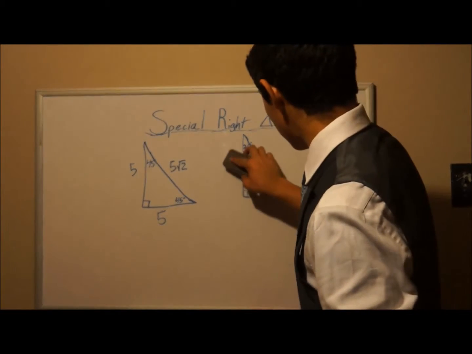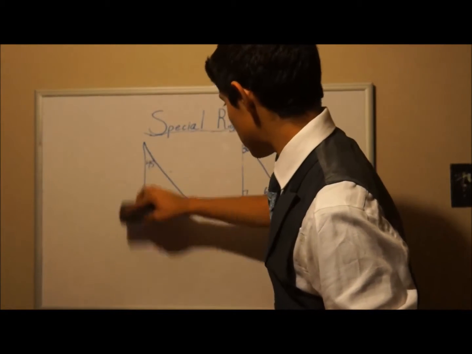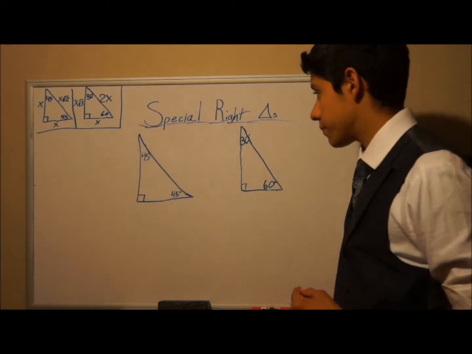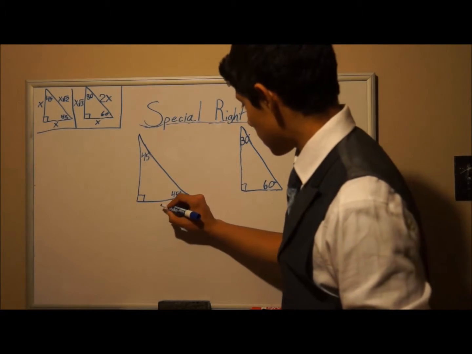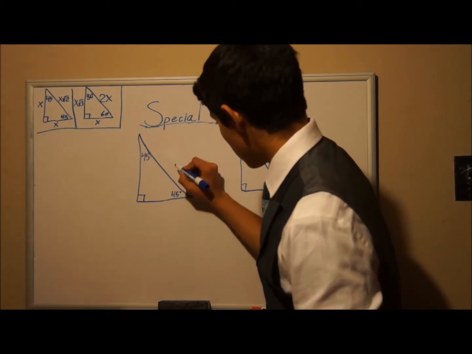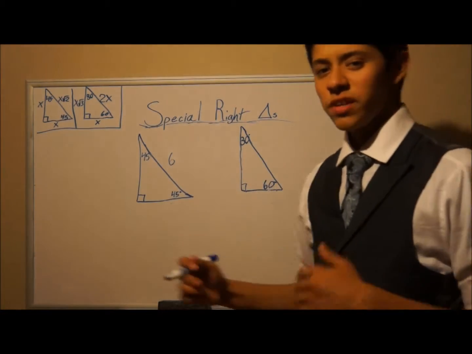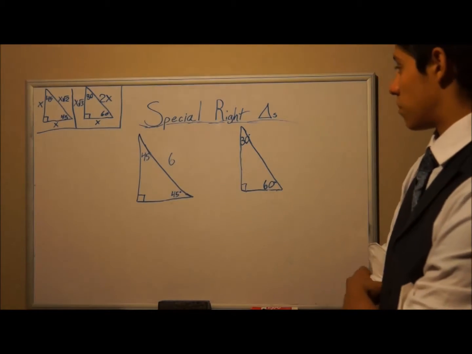Let's make it a little more challenging. Okay, so let's go to the next question. Let's say this is 6. Oh, and to help you guys out, I wrote the equation right there.